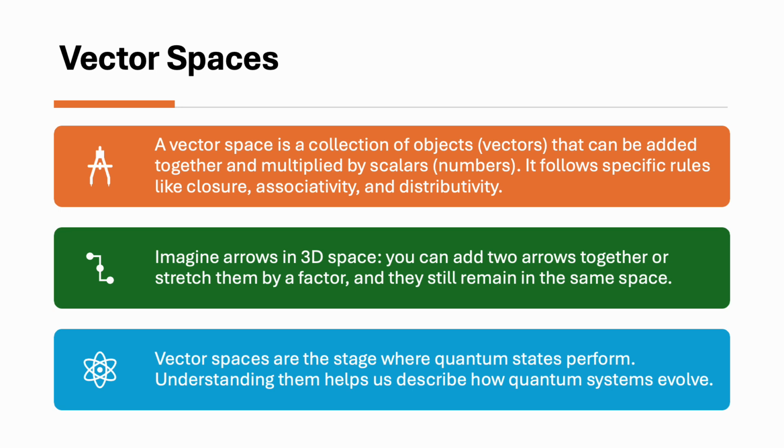Vector spaces are the stage where quantum states perform. Understanding them helps us describe how quantum systems evolve. Let's look into this with a real example that is hypothetical till we apply Python code in Google Colab.